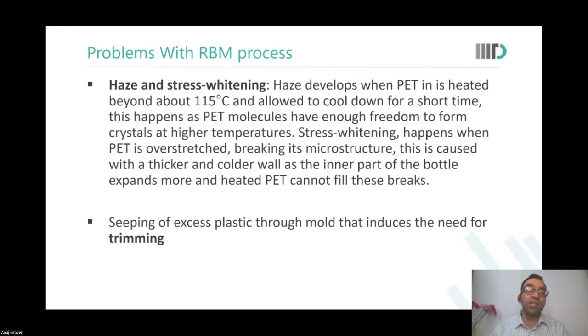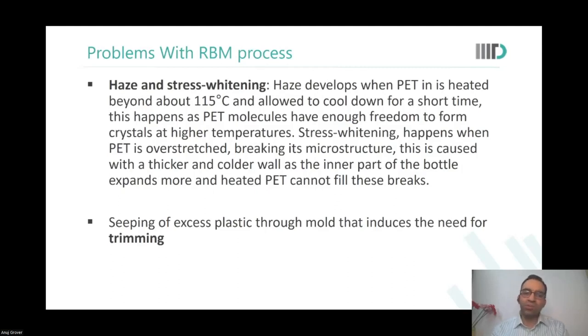The bottles that you see coming to your homes do not have any whitening of plastic happening anywhere. They're all transparent. Why? Because the color of Fanta or Maza or whatever you're drinking should stand out, and people should be able to purchase the bottle getting excited by that color, if nothing else. So that haze and stress whitening is something which is not desired.